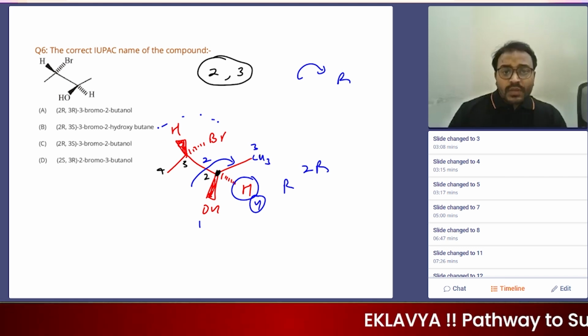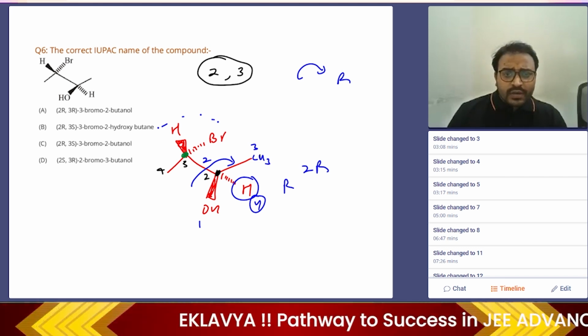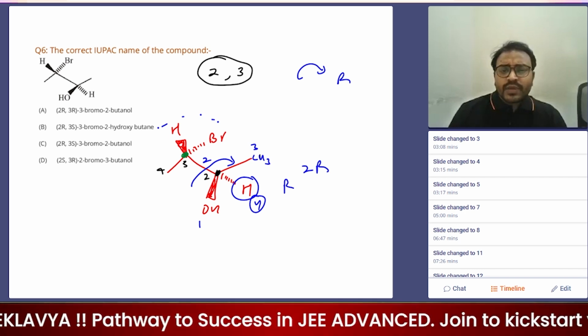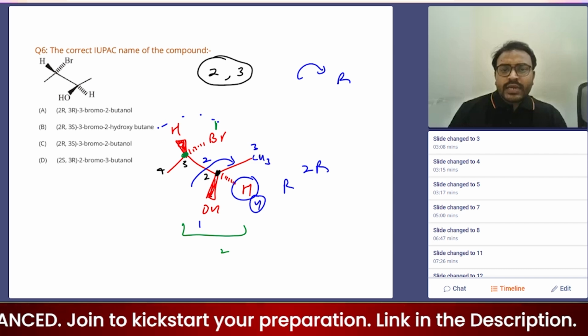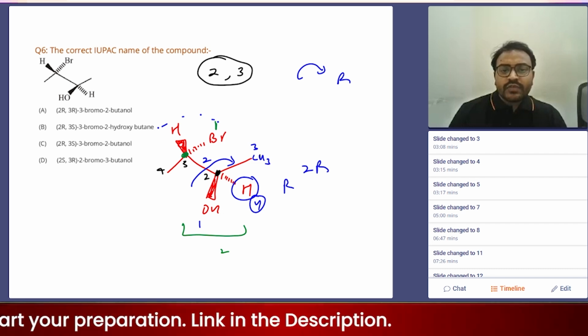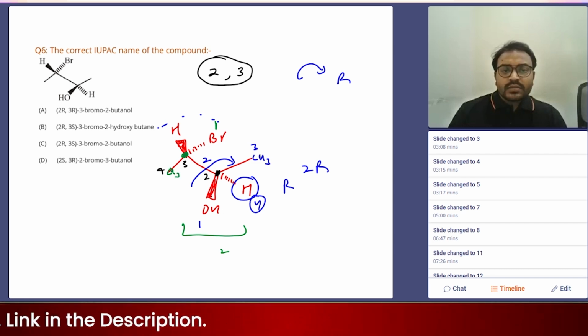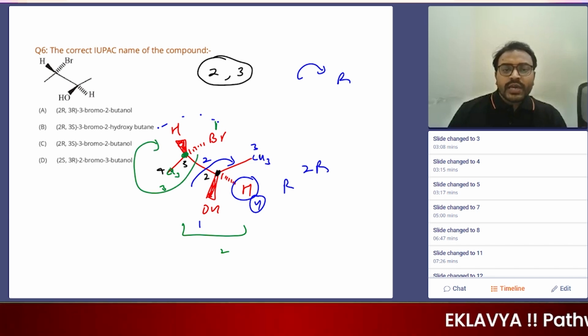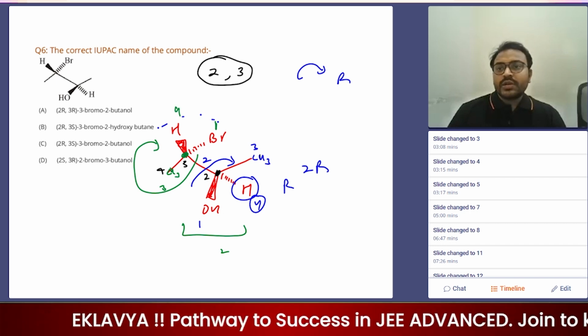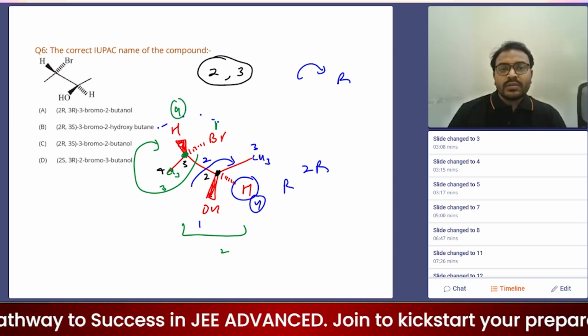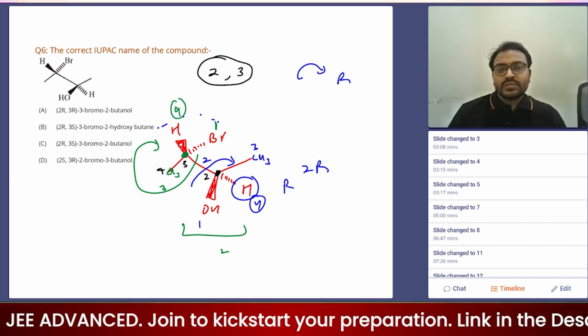Now let us calculate for the third carbon. So this is the third carbon, so priority 1 is given to Br, then this whole group will be second, then this CH3 group will be third. Again the rotation is clockwise, 1, 2, 3. But the lowest priority group is at the wedge position, right?